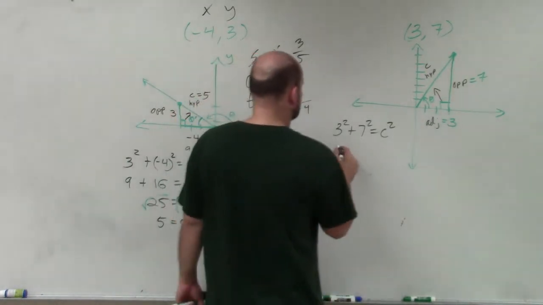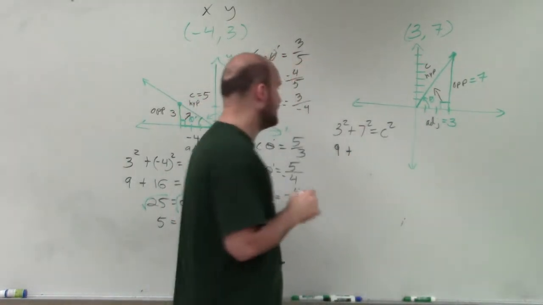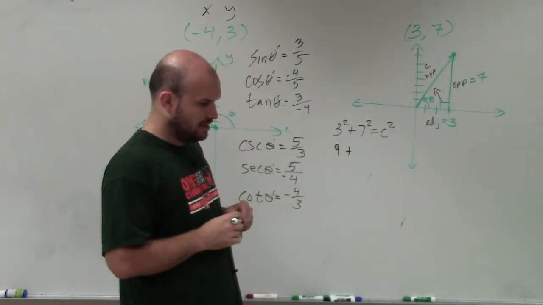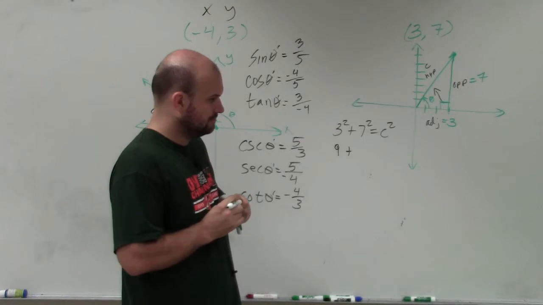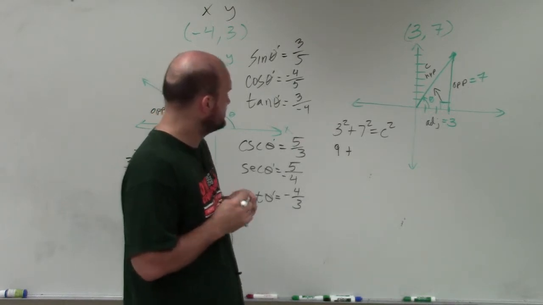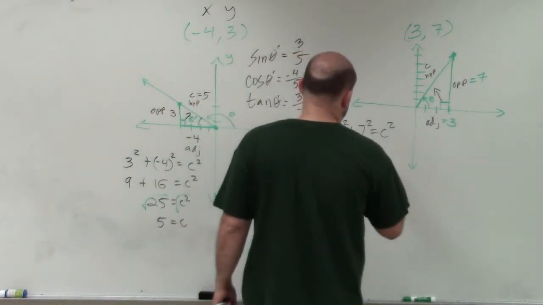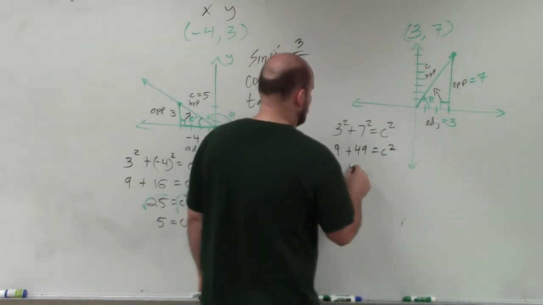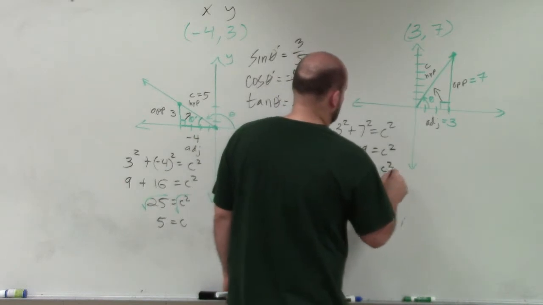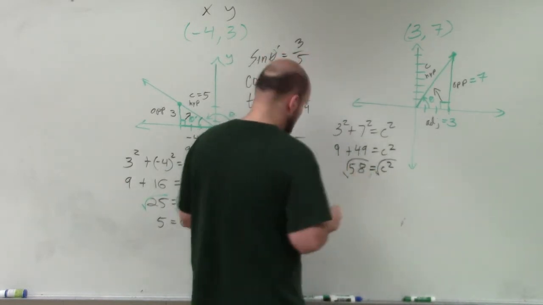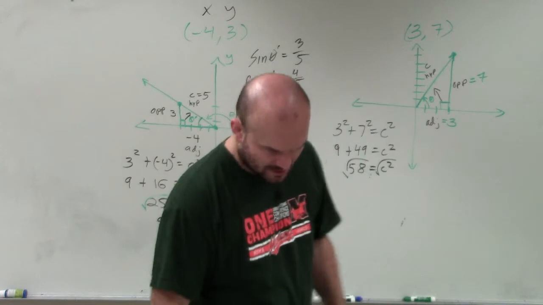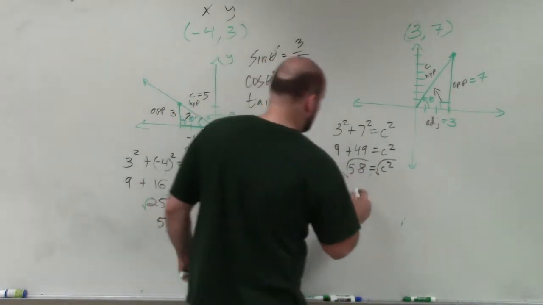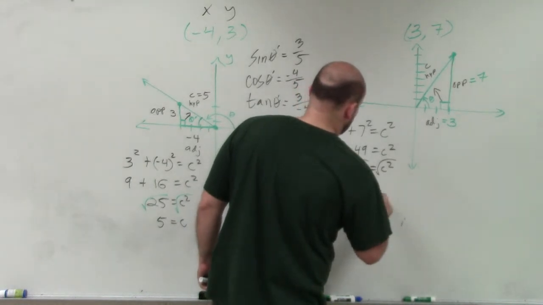So 3 squared is going to be 9, plus 7 squared is going to be 49, equals c squared. 49 plus 9 is going to be 58 equals c squared. Take the square root. So therefore, c is going to equal the square root of 58.